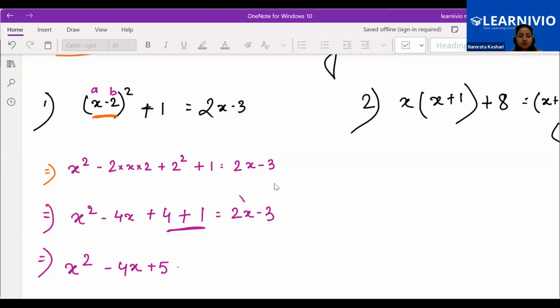It is already positive on the right hand side. Can you see it is already positive? What sign is in front of 2x? There is nothing in front of 2x, so if nothing is there in front, it's a positive number.